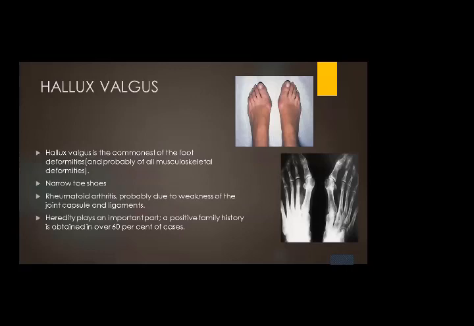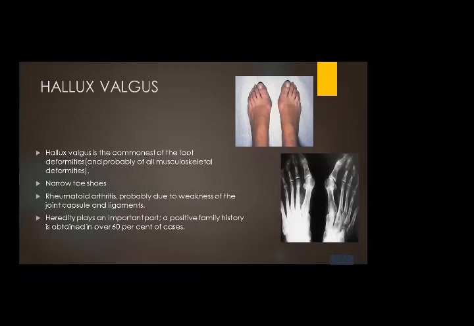Now, the most common deformity one can encounter in the foot is hallux valgus. It's very common, and in our daily lives, in your setting and outdoors, you come across different kinds of hallux valgus.